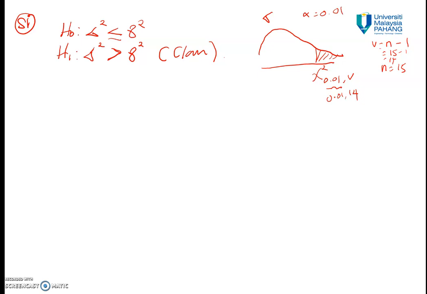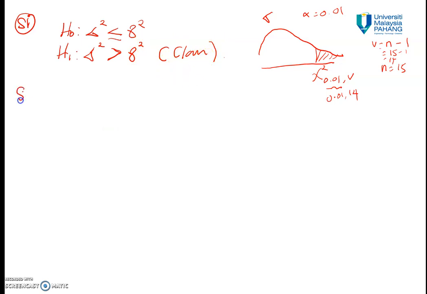Step number 1, you write down your hypothesis. Make sure you know what parameter they are concerned about. From the question, they ask you standard deviation, and I advise you to put variance. It's a greater than, no equal sign, so you put it at H1. So here the value is 8 power 2. This is the claim that you get from the question.